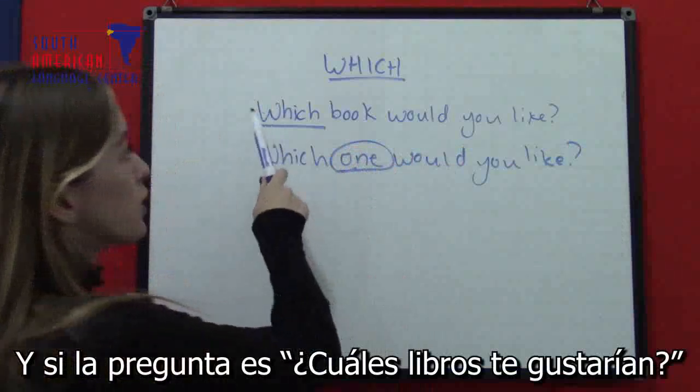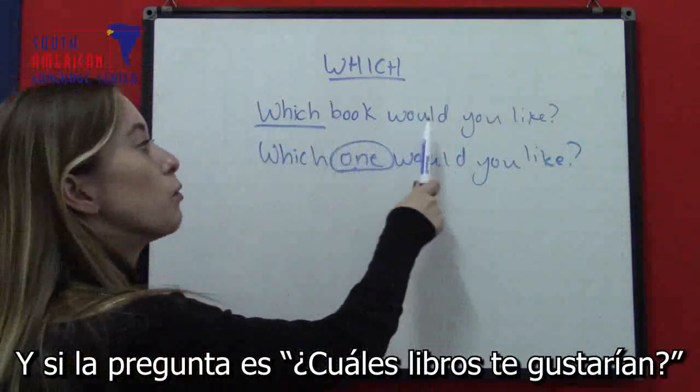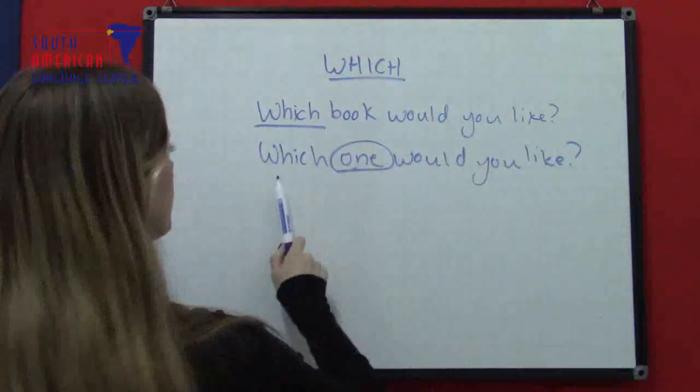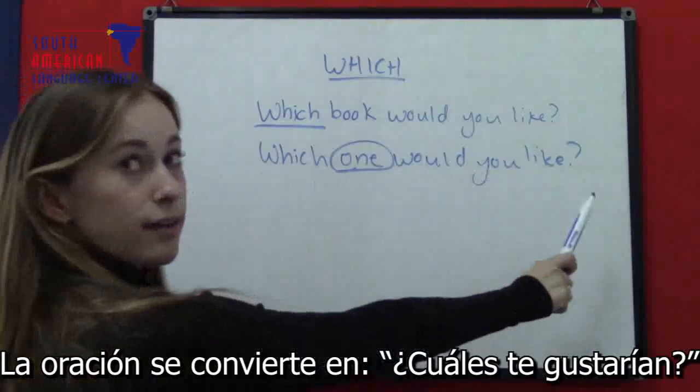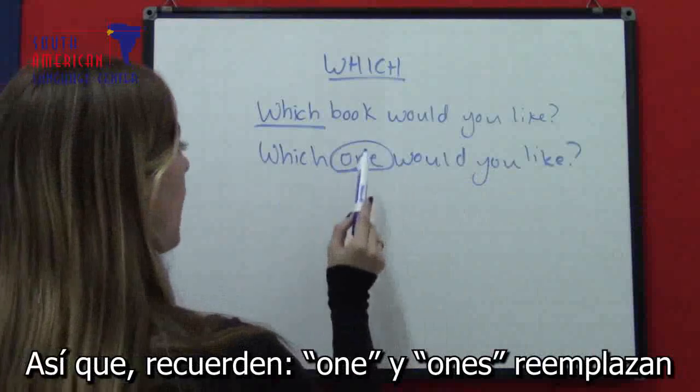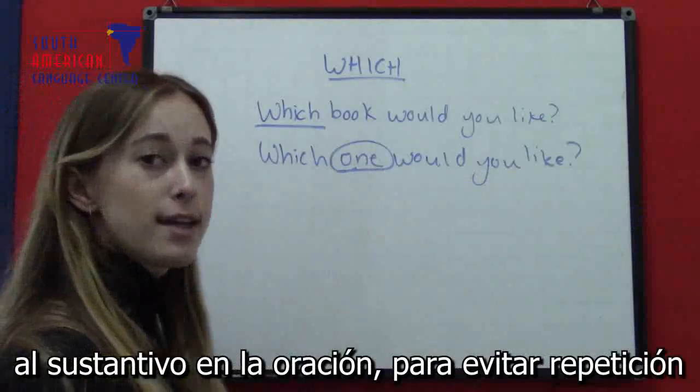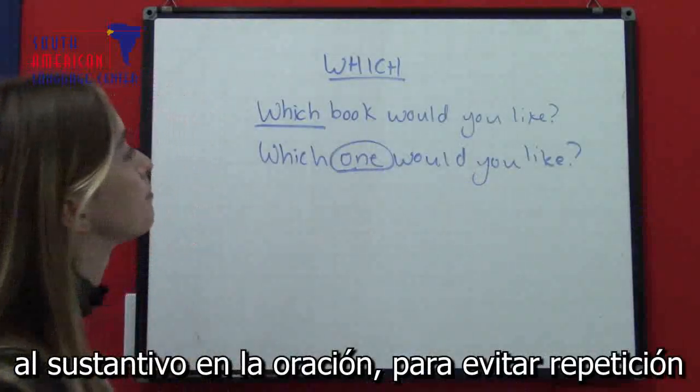And if the question is which books would you like, the sentence then becomes which ones would you like? So remember, one and ones will replace the noun in the sentence to avoid repetition.